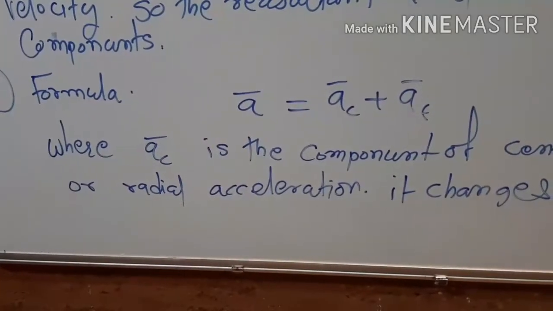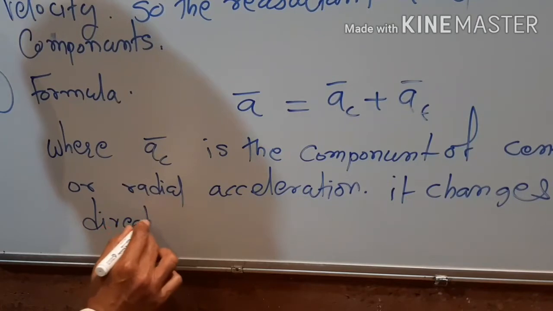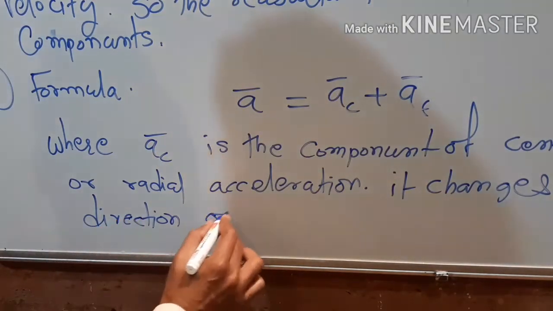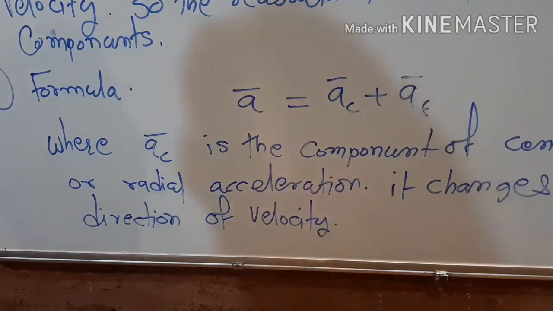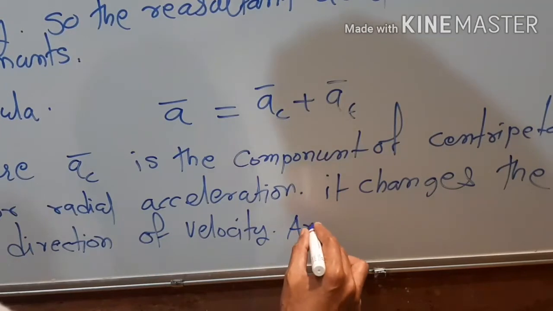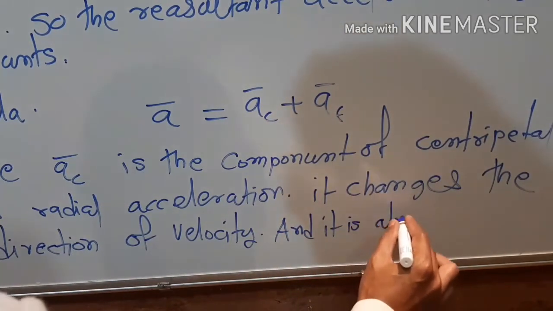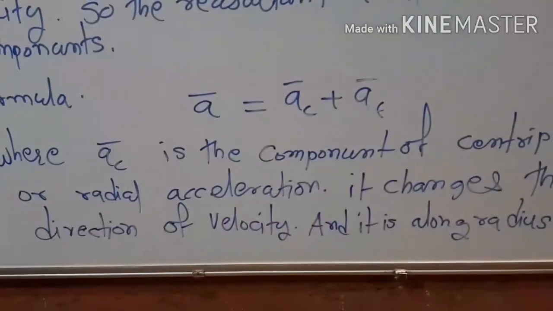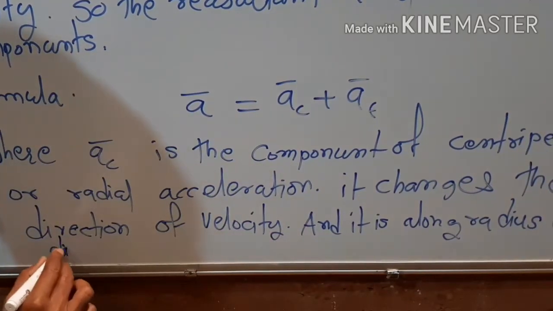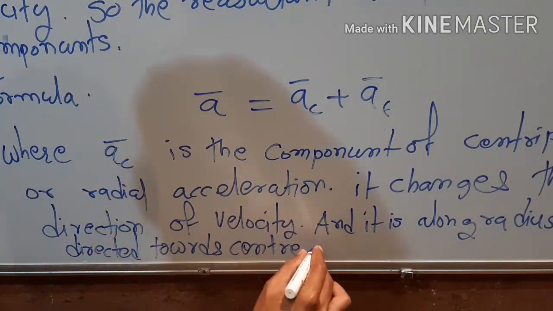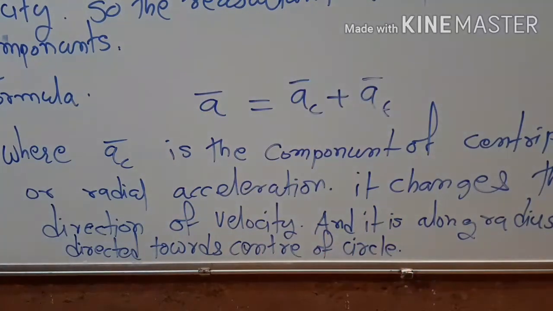It changes the direction of velocity, and it is along the radius and directed towards the center of the circle.